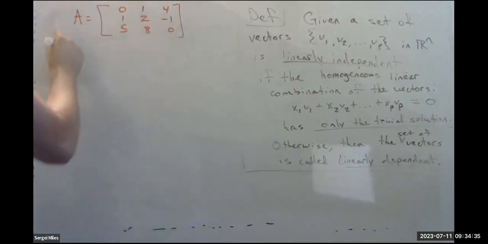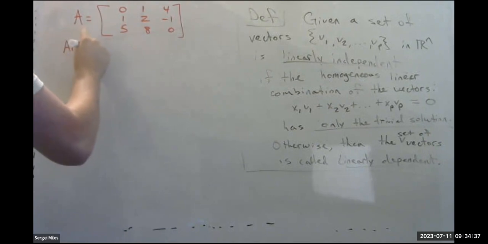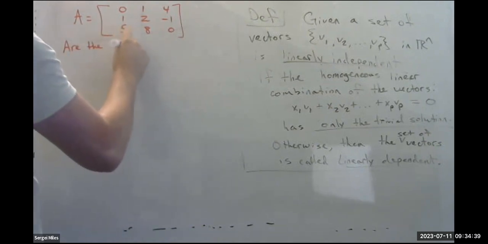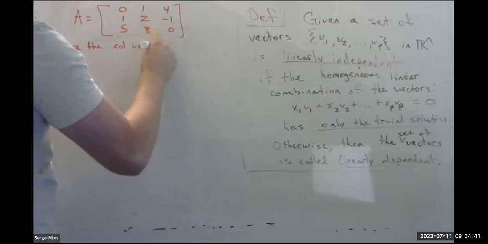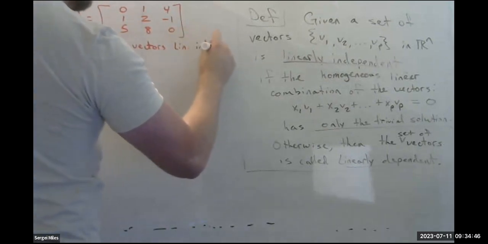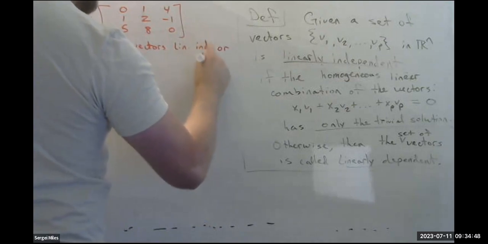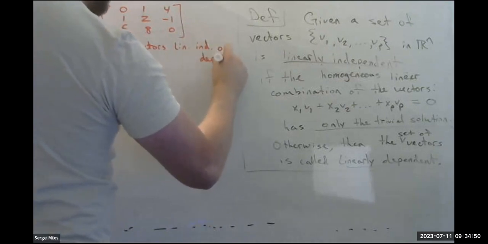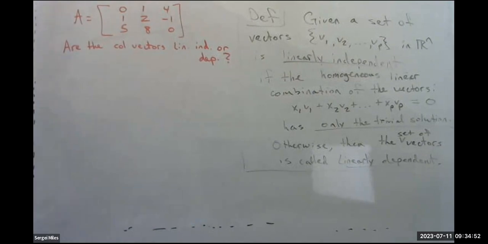And the question is, are these column vectors linearly independent or dependent? That's the question we're trying to answer here.